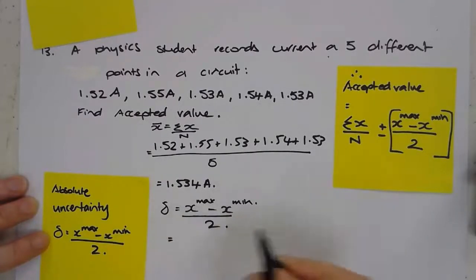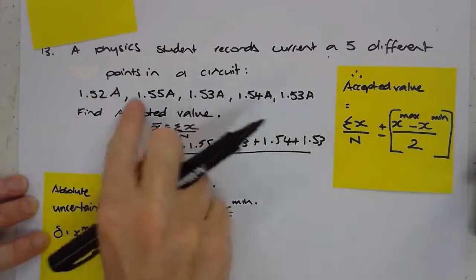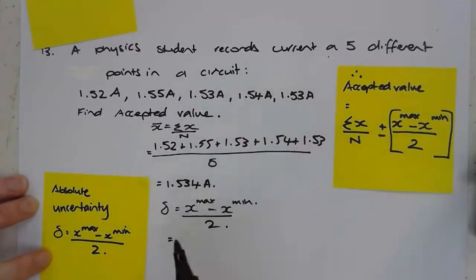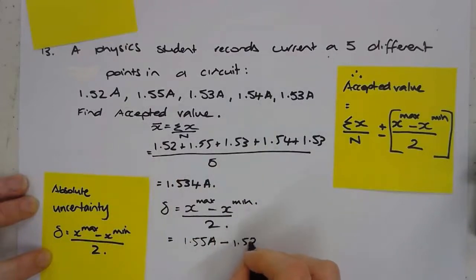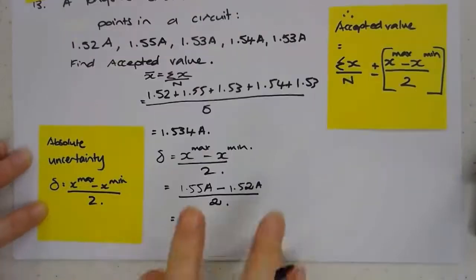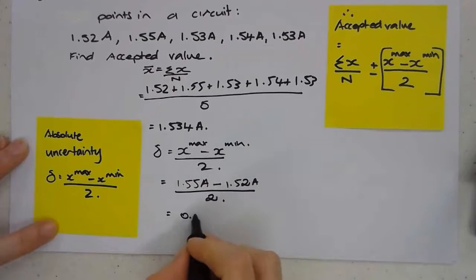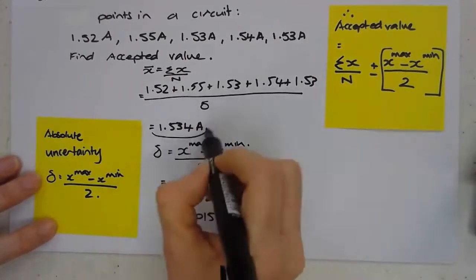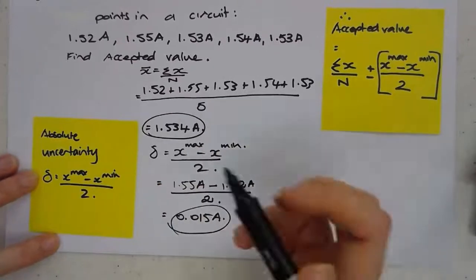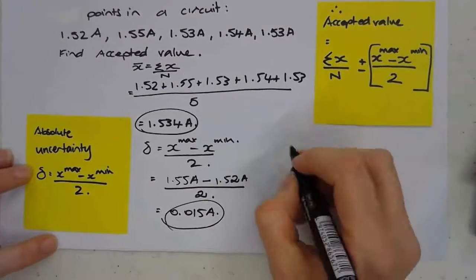The biggest value out of my data set, and remember they're probably not going to be in order, so be conscious of that, is 0.55, take away my smallest value, which is 0.52, divided by 2. Plugging that into my calculator, I would get 0.015 A. So these 2 points of information, I still haven't technically set out my question properly yet.